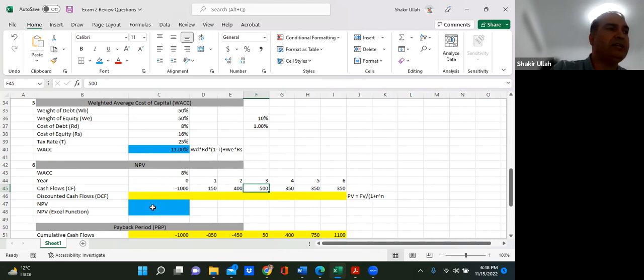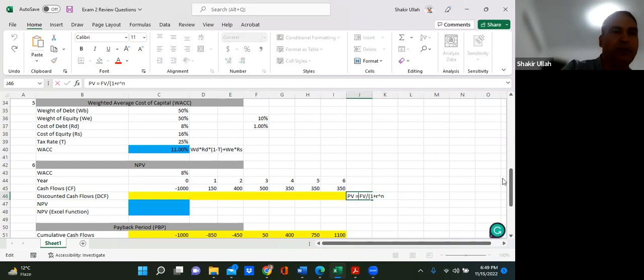NPV basically means net present value. Now this $1,000 is already in the present because it is at time 0. But these other cash flows are not in the present because they are taking place in the future. What we need to do is find their present values. For finding the present values, we use this formula, if you can recall it from your chapter 5.